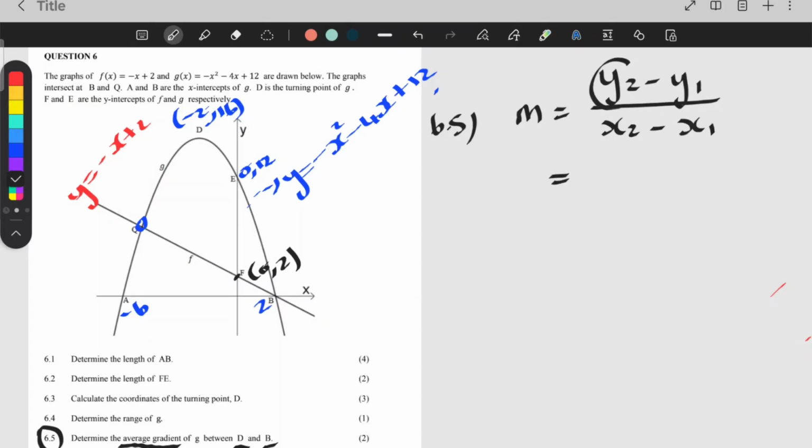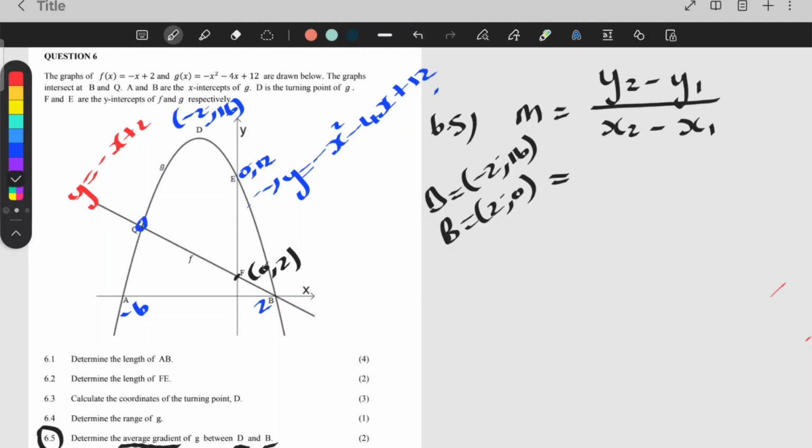It doesn't matter which one goes first. So let's write our points down. It's point D and B. D is negative 2 and 16. And B is this point over here. Do you remember we worked it out? It was 2 and 0. Can you see why you have to write that in? So it's easier to see.